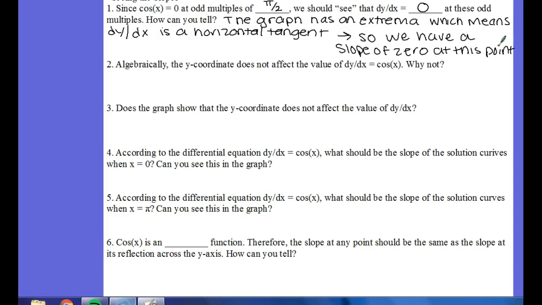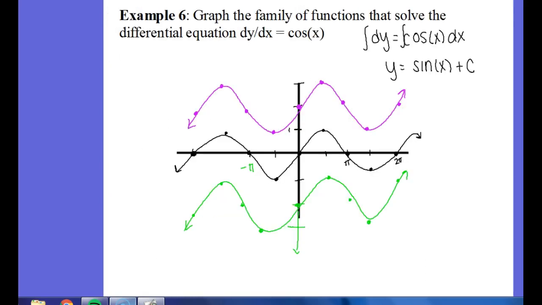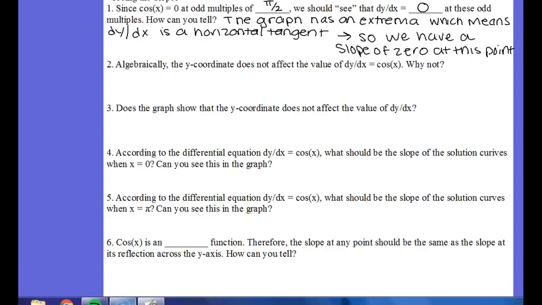So the up and down does not affect the slope because the derivative of the constant is 0. The shift that you would see from this plus c is that y value. It's not affecting the dy dx because its derivative would be 0, so it does not affect the slope.